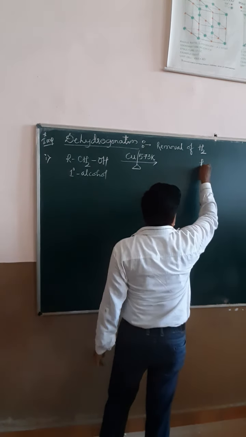I repeat, when a primary alcohol is heated with copper to form an aldehyde, the removal of hydrogen is known as the dehydrogenation reaction.